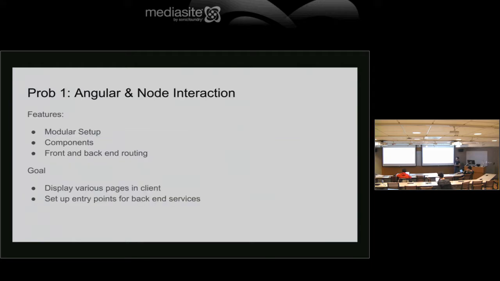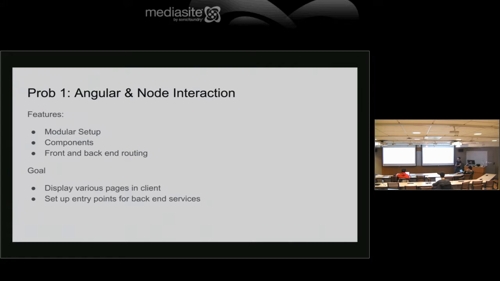And that's basically the layout of the project. And the topics I want to talk about today. The first one is the front end and back end interactions, which is how Angular and Node interact with each other.